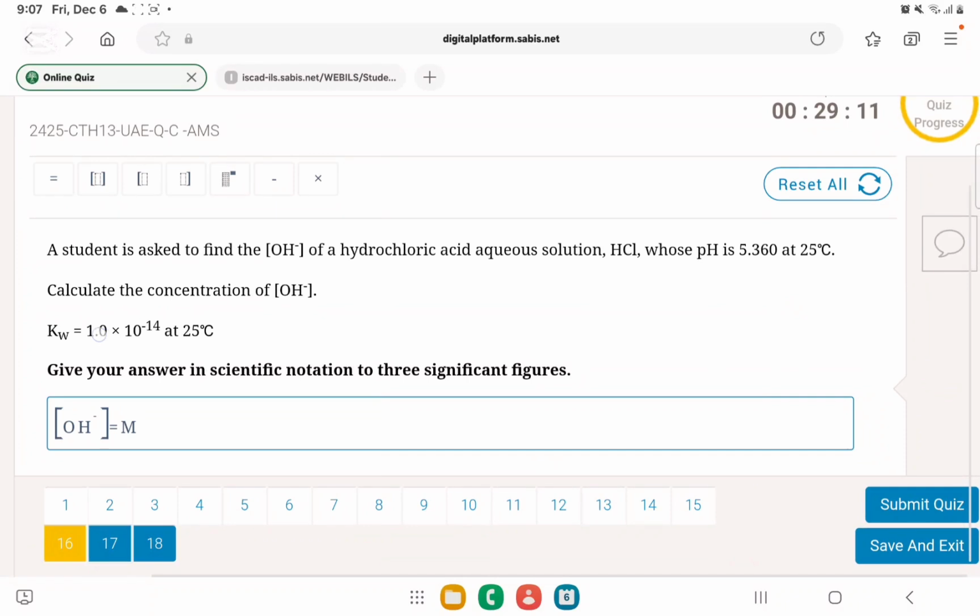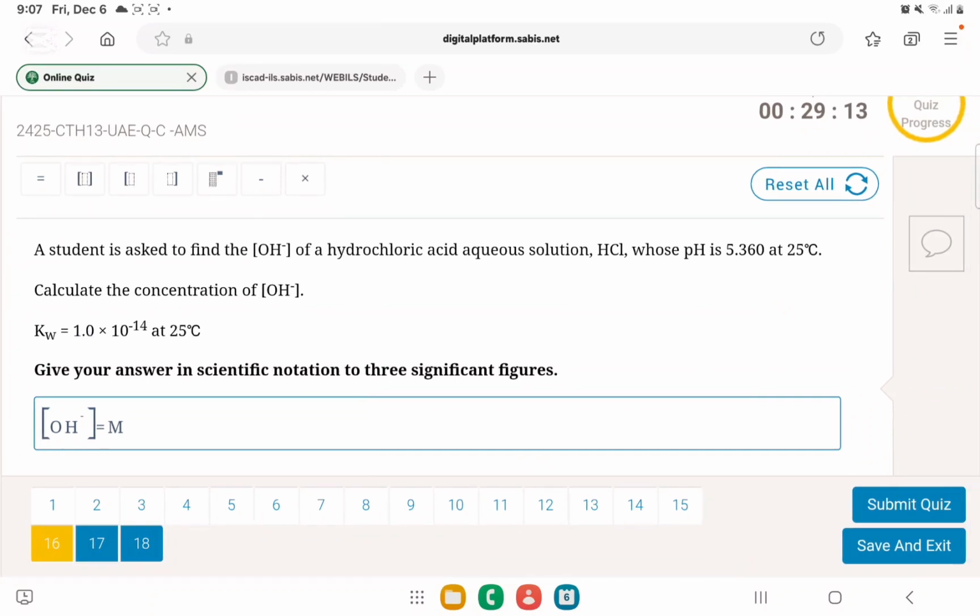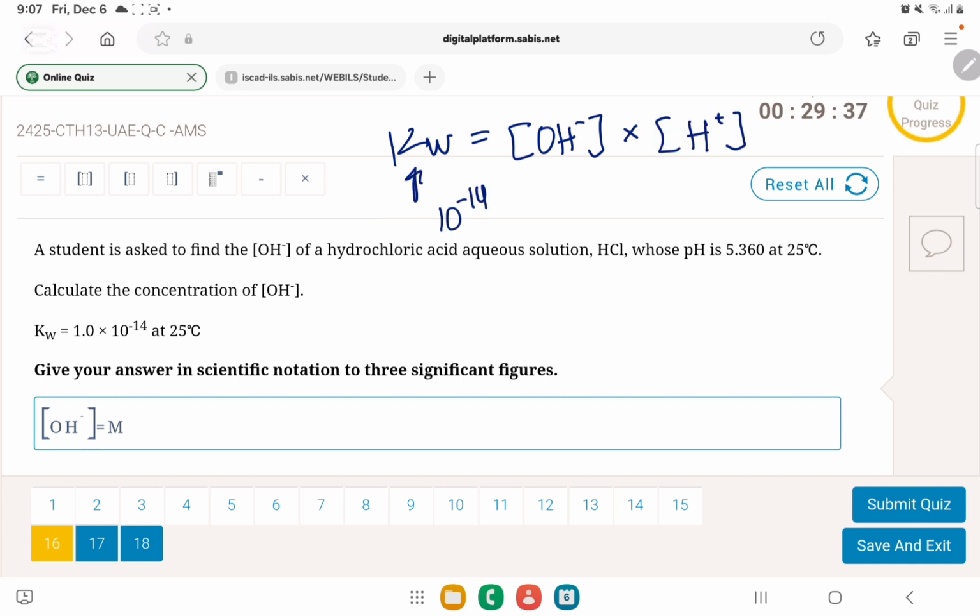Okay, a student is asked to find the OH minus of hydrochloric acid in aqueous solution, HCl, whose pH is 5.36 at 25 degrees Celsius. So we're going to use Kw, which is equal to the concentration of OH minus times the concentration of H plus, and Kw is equal to 10 to the power of -14.